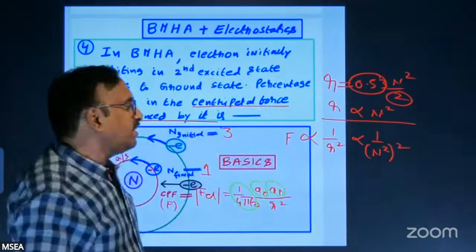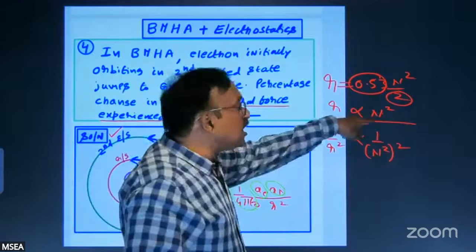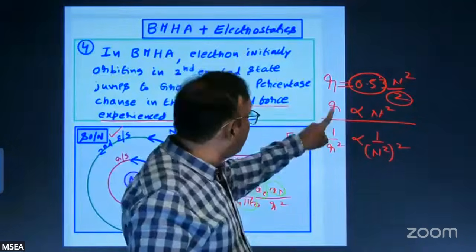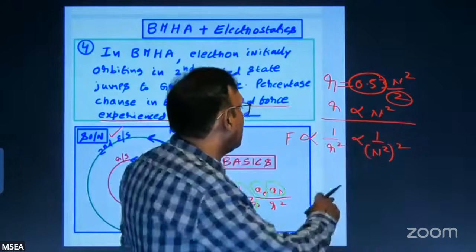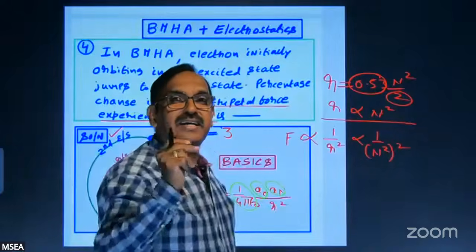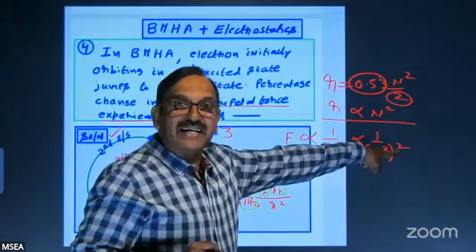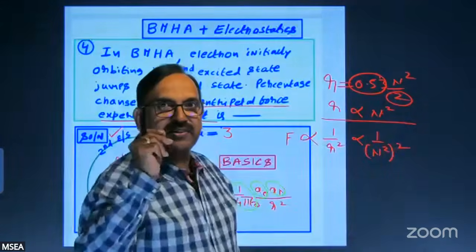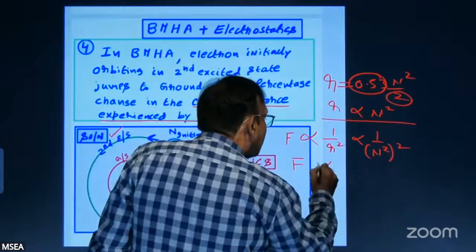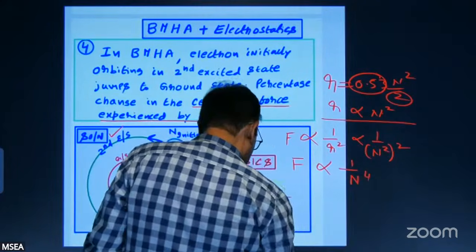I am intentionally repeating this point: force is proportional to 1 by r square, and r is proportional to n square. So r square means n square whole square. Many very good hardworking students forget to square it a second time, that's why I was emphasizing it 2-3 times. So now force is proportional to 1 by n to the power of 4.